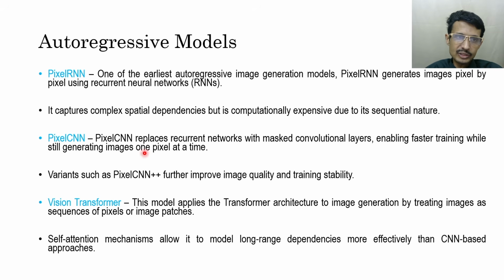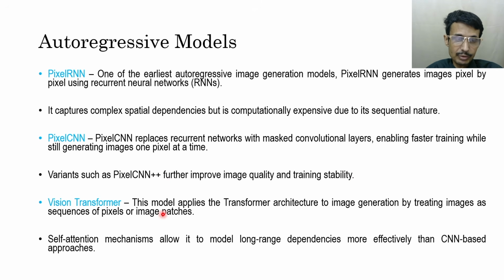Then comes PixelCNN. It replaces the recurrent neural network with masked convolution layers, enabling faster training while still generating images pixel by pixel. All these models will come in detail in a later part of this lecture. Variants of PixelCNN further improve image quality and training speed.